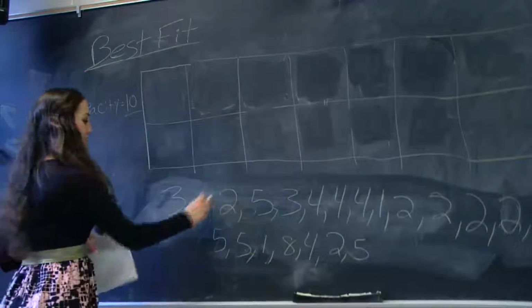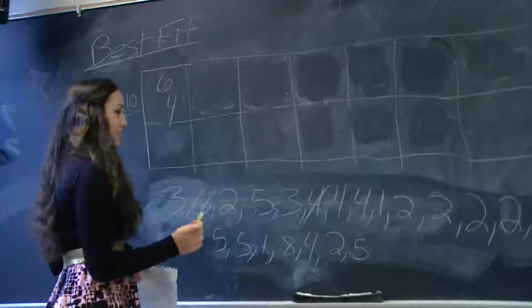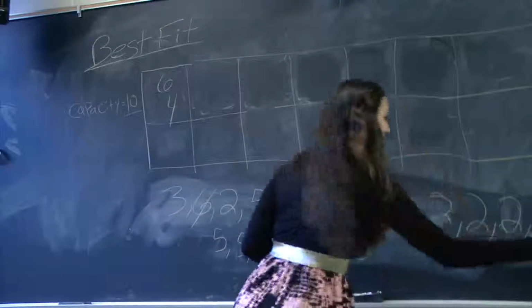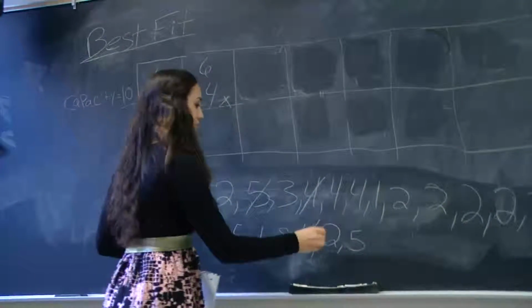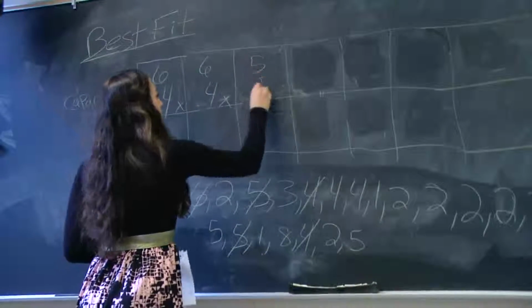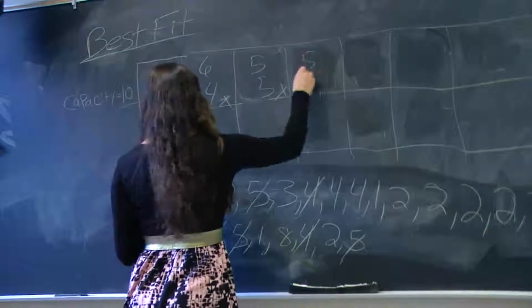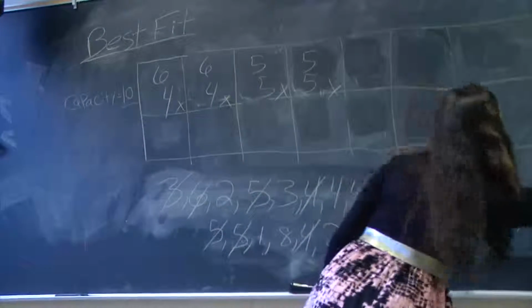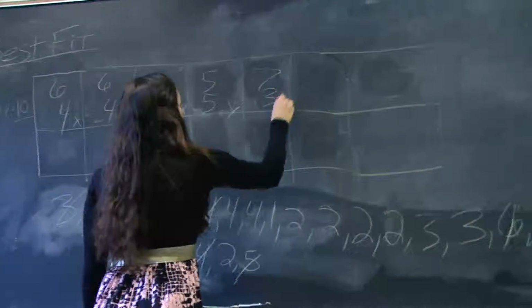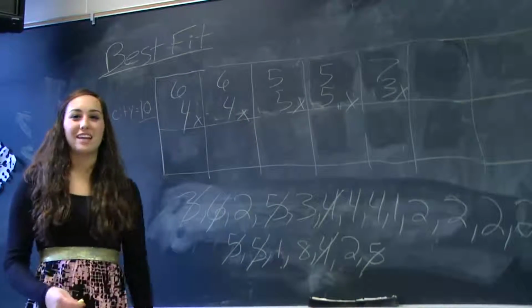So we're going to start with 6 and 4, because that gives us 10, and another 6 and 4, and 5 and 5 go together, and another 5 and 5, and we have a 7 and a 3. So you just keep going down the list to find the matches, and then just fill up the bins so they can get 10.